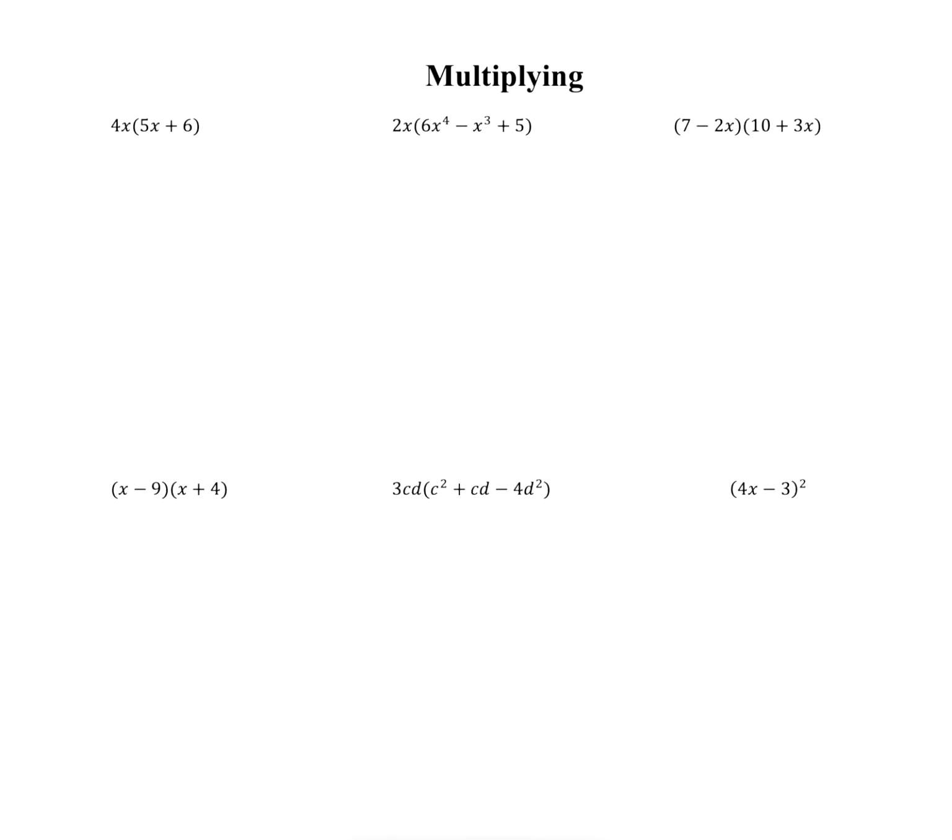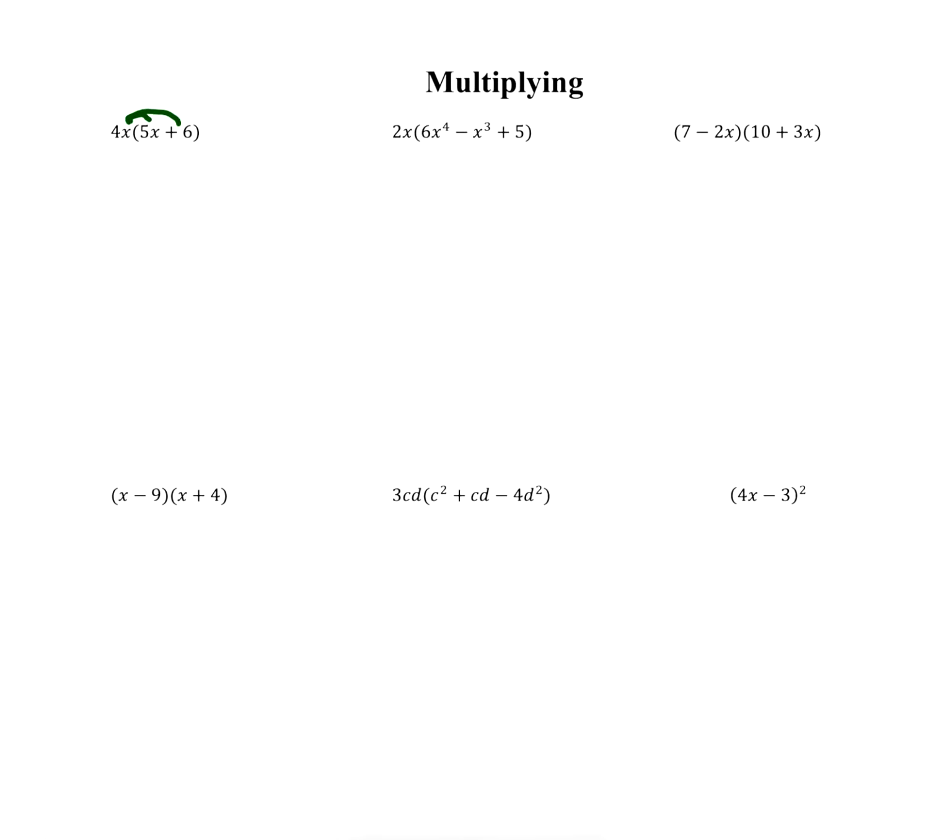Multiplying polynomials. So we're going to do the first 3. We'll do the top 3. The big thing about multiplying is make sure you distribute that number to every single term in the parentheses. So here we have 4x being multiplied by not only 5x, but also 6.